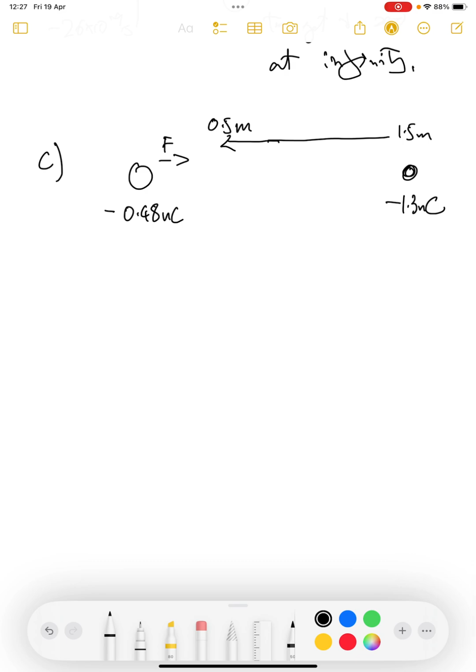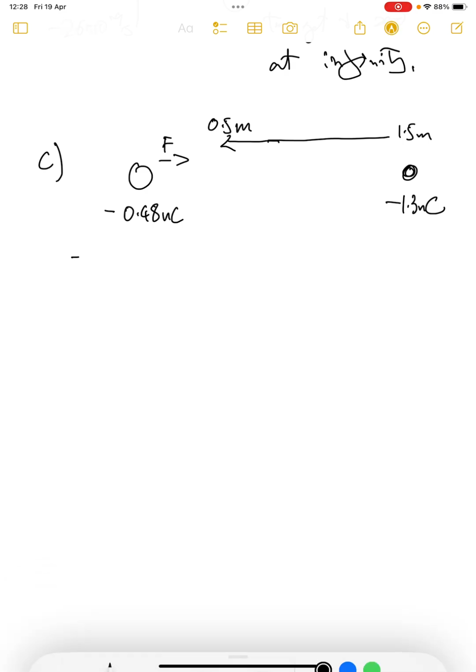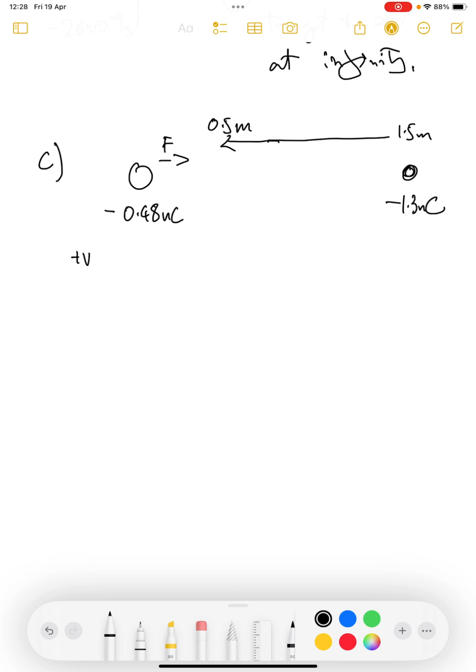And so to do that, I'm going to have to overcome work, so I'm going to be doing work. This should give me a positive answer. Because I'm going to have to push to get it here. Anyway, I don't want to do that. So there's lots of ways I can do this.